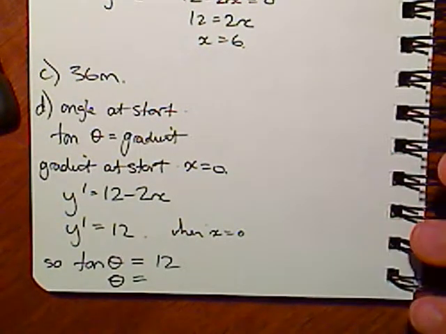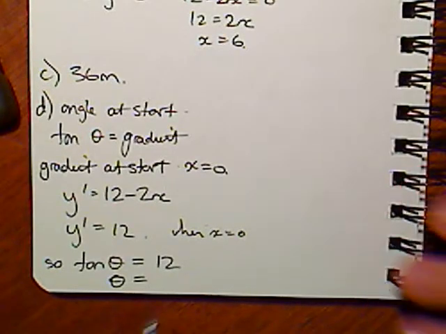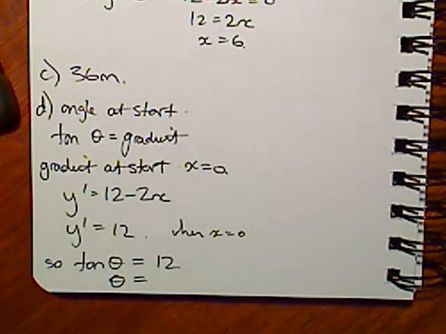And then I can find my angle. Let's reach for my trusty calculator. Now this says that it was thrown at 85.2 degrees.